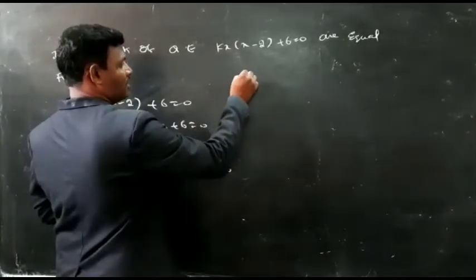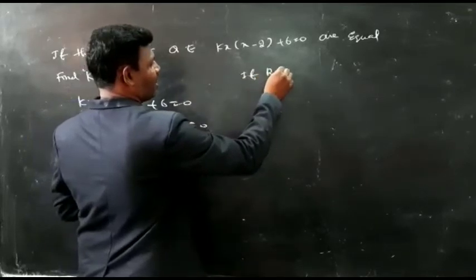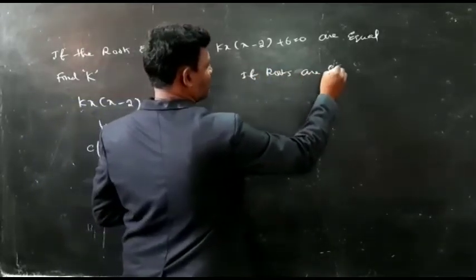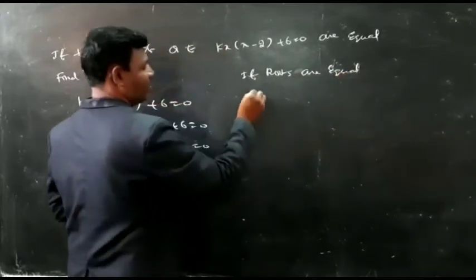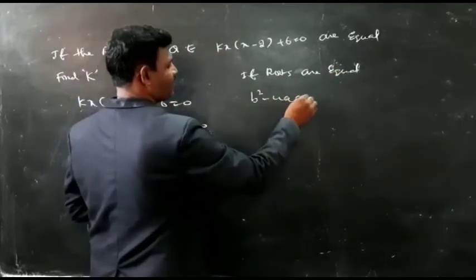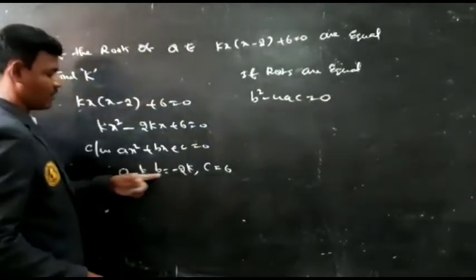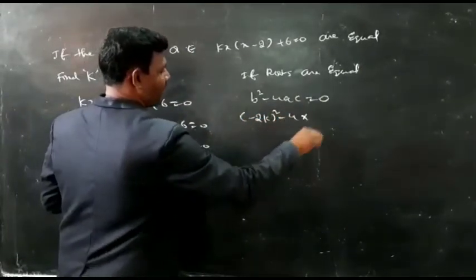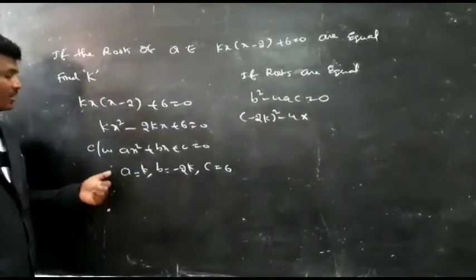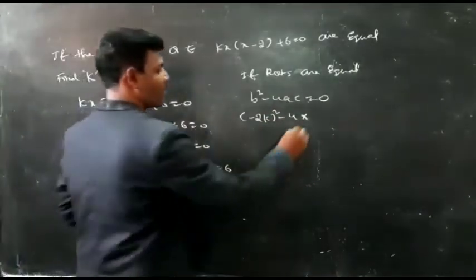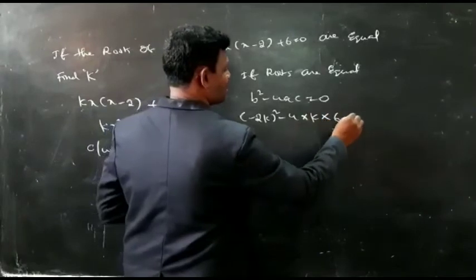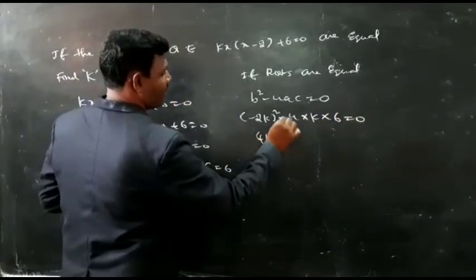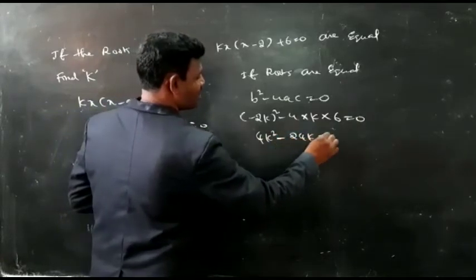Here, if roots are equal, so what can we write here? b square minus 4ac is equal to 0. b square means minus 2k whole square, minus 4ac means 4 times a means k, into c means 6, is equal to 0. It is 4k square minus 24k is equal to 0.